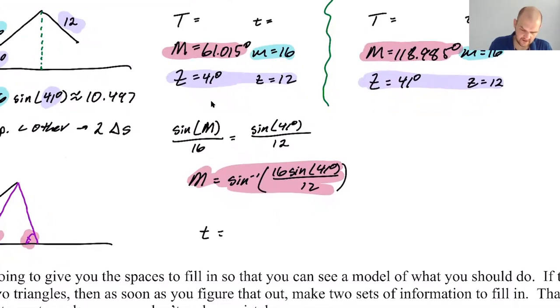So t over the sine of t is 12 over the sine of 41. I'm doing that wrong. Hold on. It's 12 over the sine of 41, and then this will be the sine of t, let's say t1.